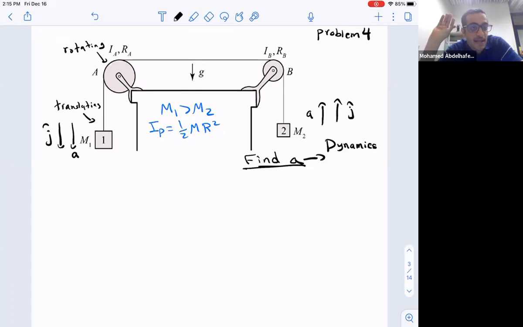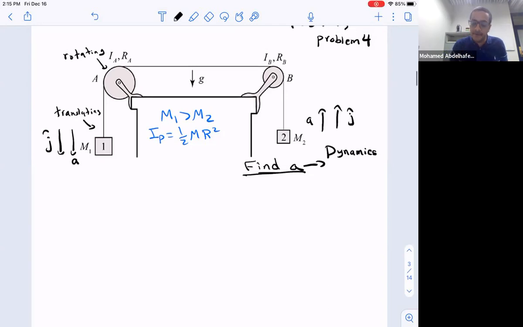That's my choice. And then the pulleys don't translate, they spin, they rotate. So again, I'm going to look at the sense of rotation that they are doing, the angular acceleration for them, and make this a positive direction for rotations. So as object one goes down, the pulley rotates in this way. That's alpha of the pulley. By the way, the whole system goes together with the same acceleration.